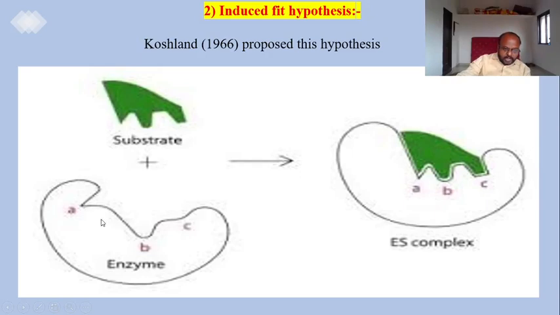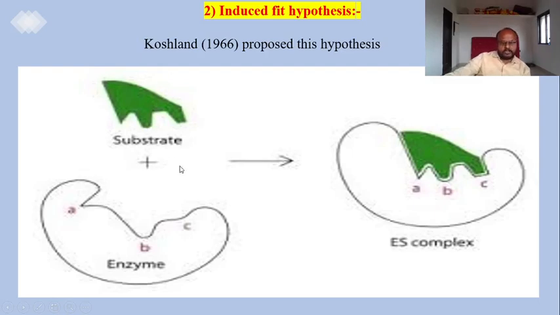That means the active site of the enzyme is not rigid, it is flexible. It changes according to the substrate. The substrate induces the active site of the enzyme, and this relationship is similar to a hand and glove relationship.